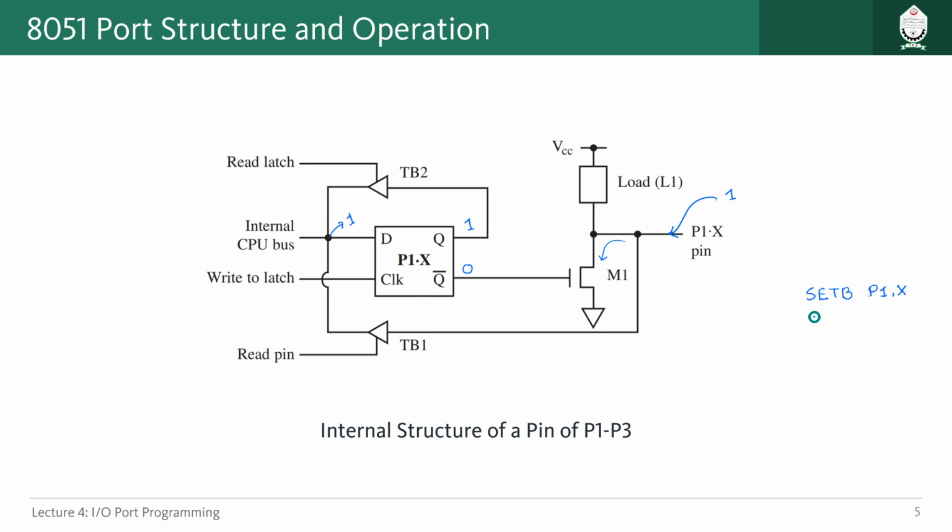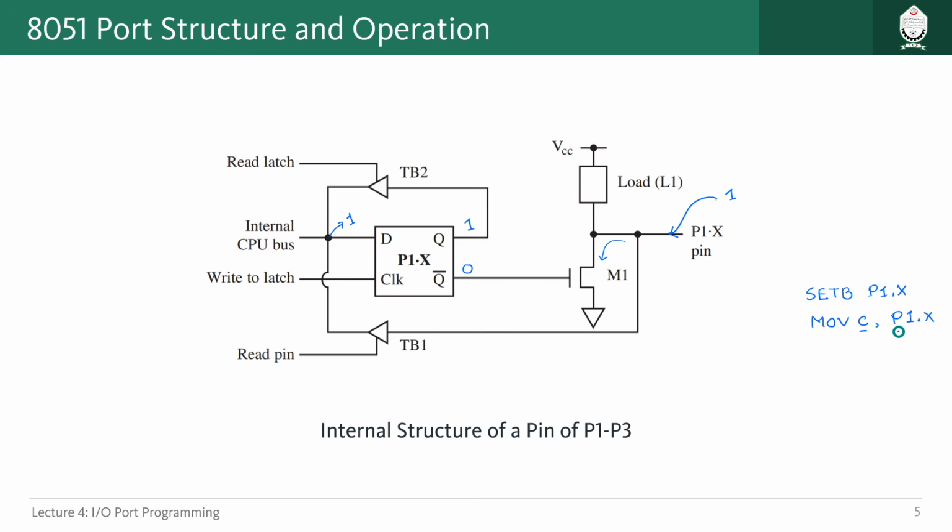And then we can write something like this: MOV C, P1.x. So C is just the carry bit of our PSW register.